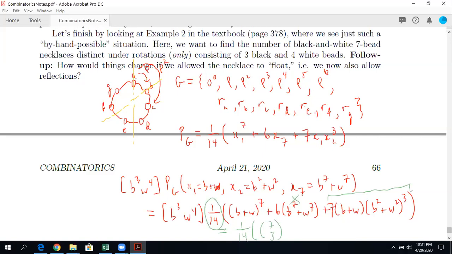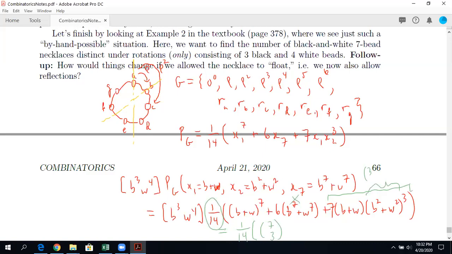Well, maybe it would be helpful to expand this thing out right here. So what is that? It's going to be 3 choose 0, b to the 0, w squared to the 3rd, which is w to the 6th.